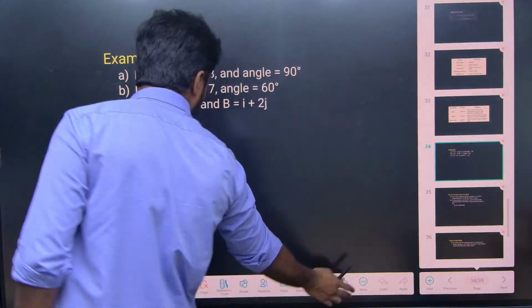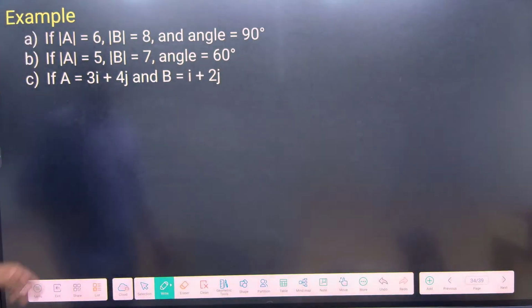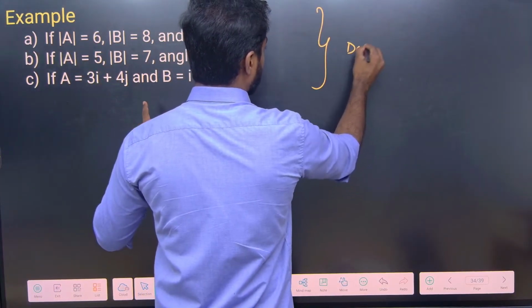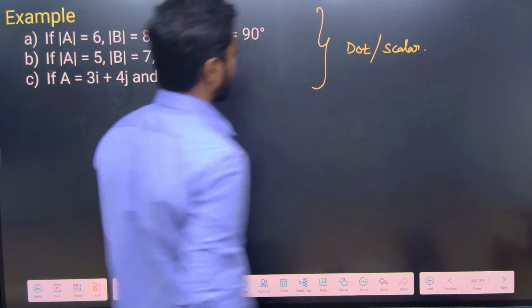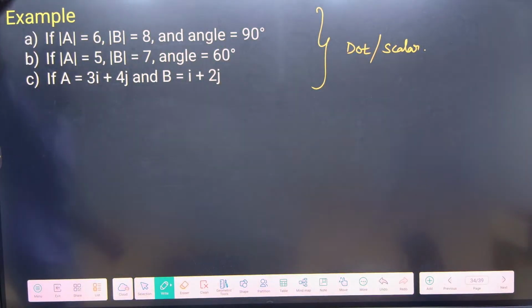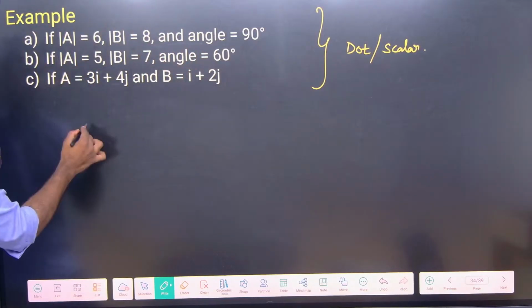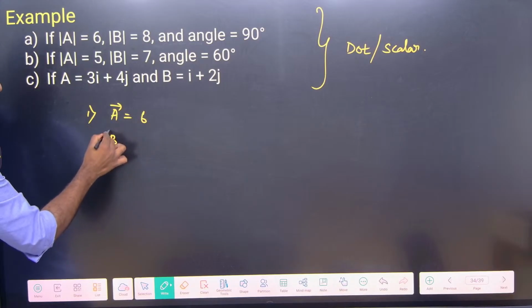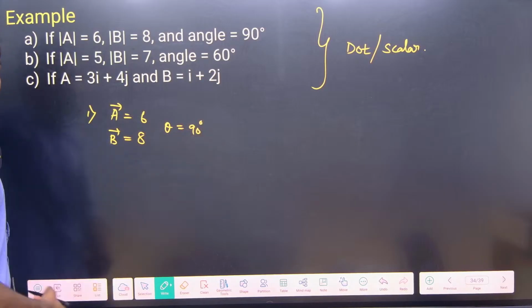These are the examples we'll do here, based on the dot or scalar product. I have given clarity for the questions. The first one: a vector is given as 6, b vector is given as 8, and the angle between them is 90 degrees. What is the formula?